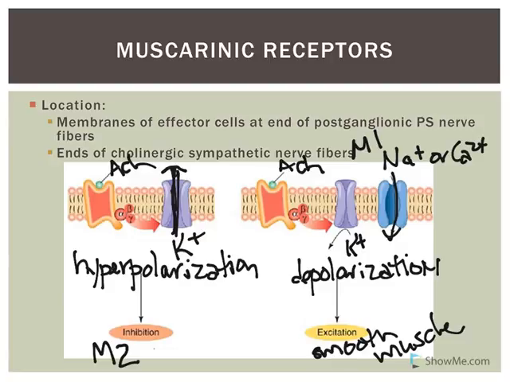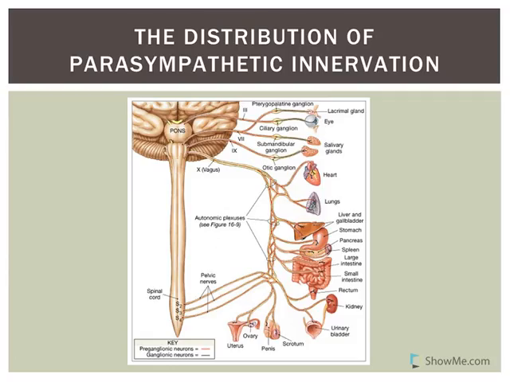So we can have muscarinic receptors, like you notice here with the sympathetic nervous system, that one location, the sweat glands, but all of our postganglionic targets will have a muscarinic receptor, but it depends on which specific one. Do we have an M1, M2, M3, M4? And as I go along periodically, I'll write down which one so you can see how we can have various effects. Some places it could be excitatory, some places it could be inhibitory.